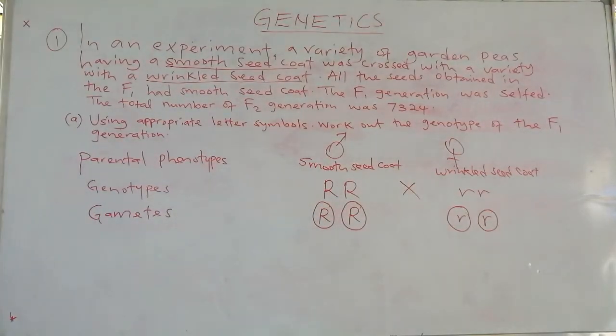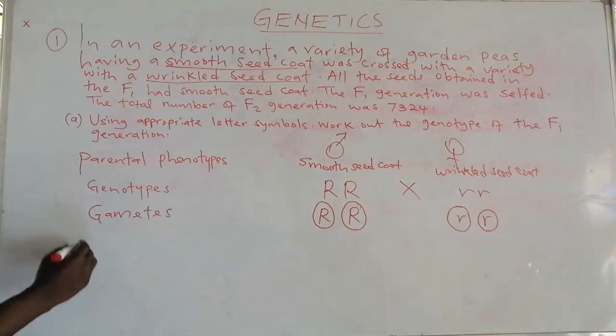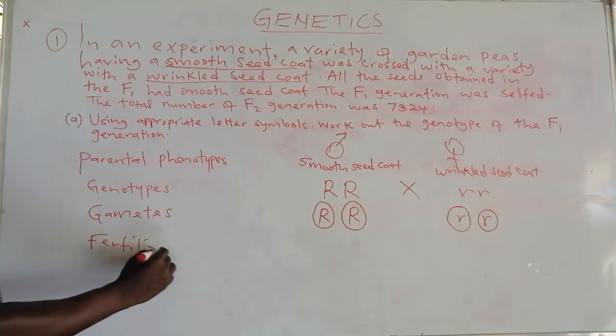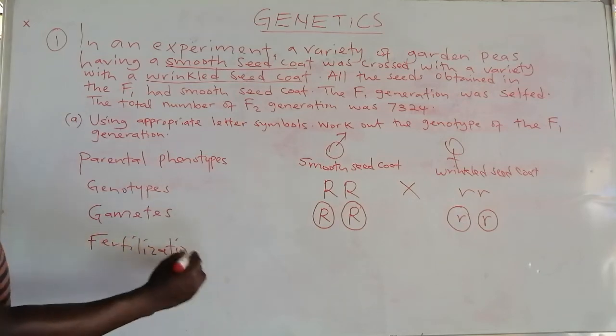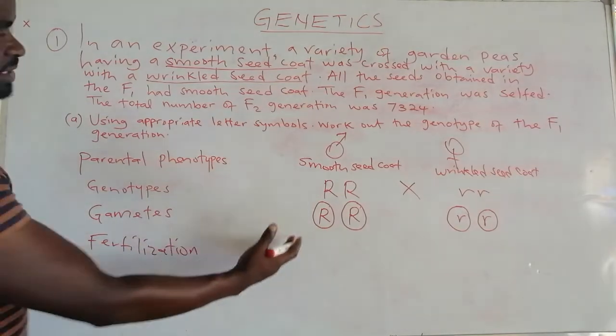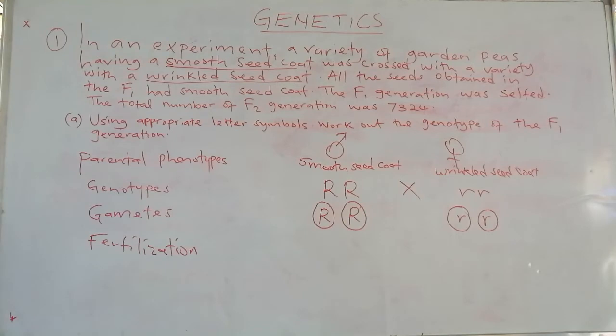Then after getting your gametes, we are now going to look at the fertilization, or you can call it fusion, when the various gametes are going to fuse with one another so that we get the F1 genotypes.